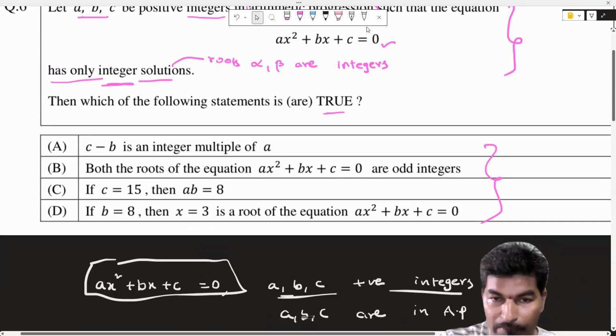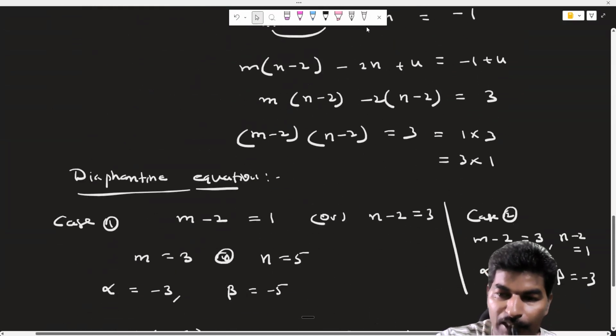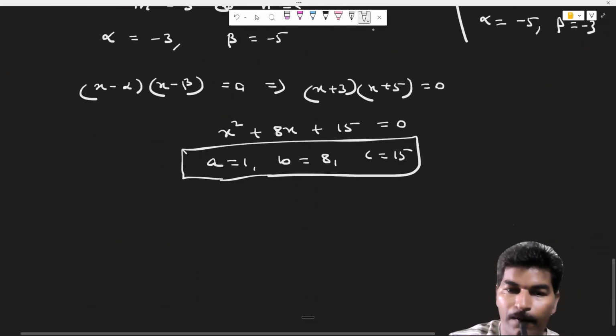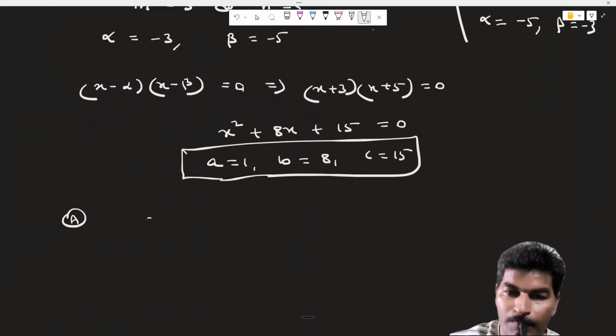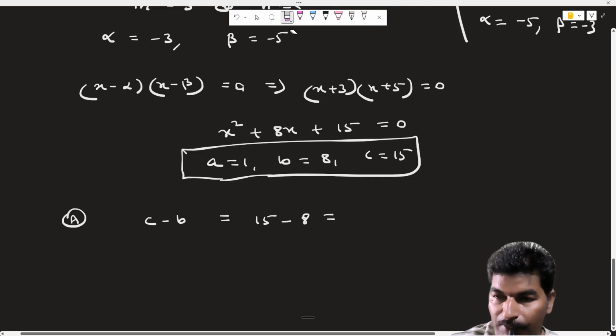Second part, we will go with the verification of the options as they mentioned. C minus b is an integer multiple of a, they are saying. Let's compute c minus b. C is of course 15, b is 8, so 15 minus 8.